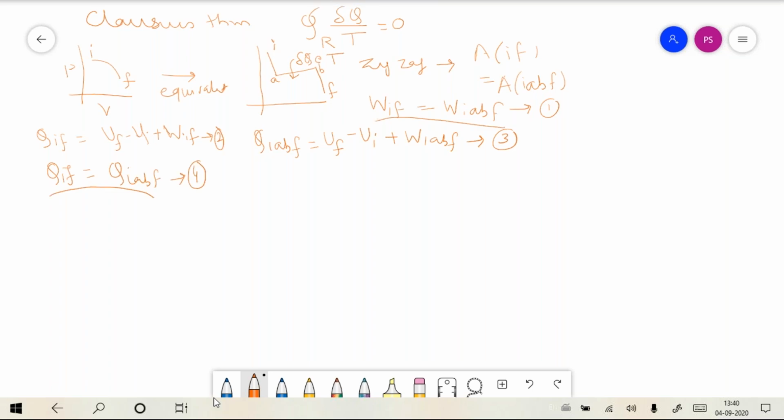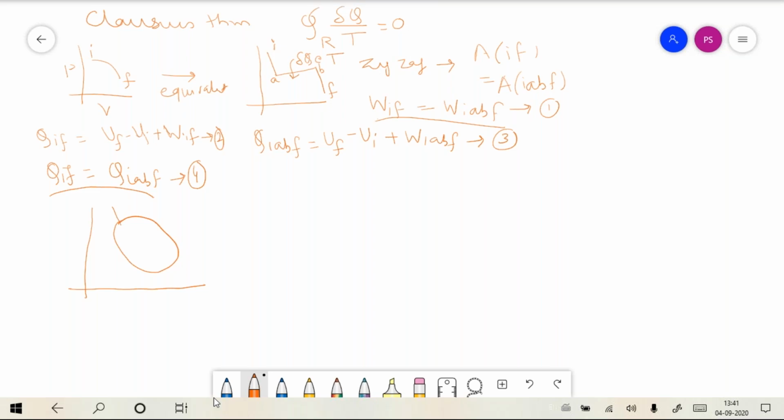Now with this knowledge that you can always replace a reversible path with a zigzag path comprising two reversible adiabatics and a reversible isotherm, you consider an actual reversible cycle and slice it into an infinite number of pieces.